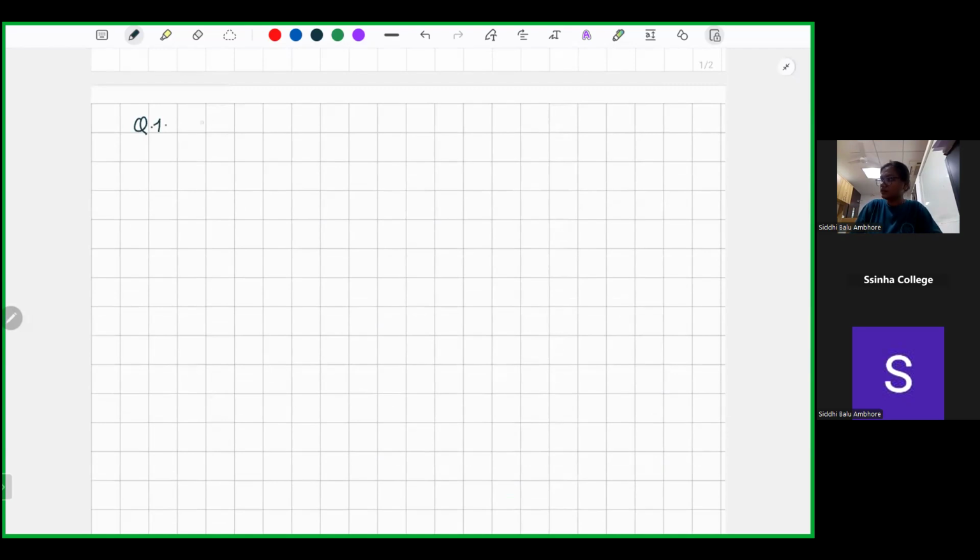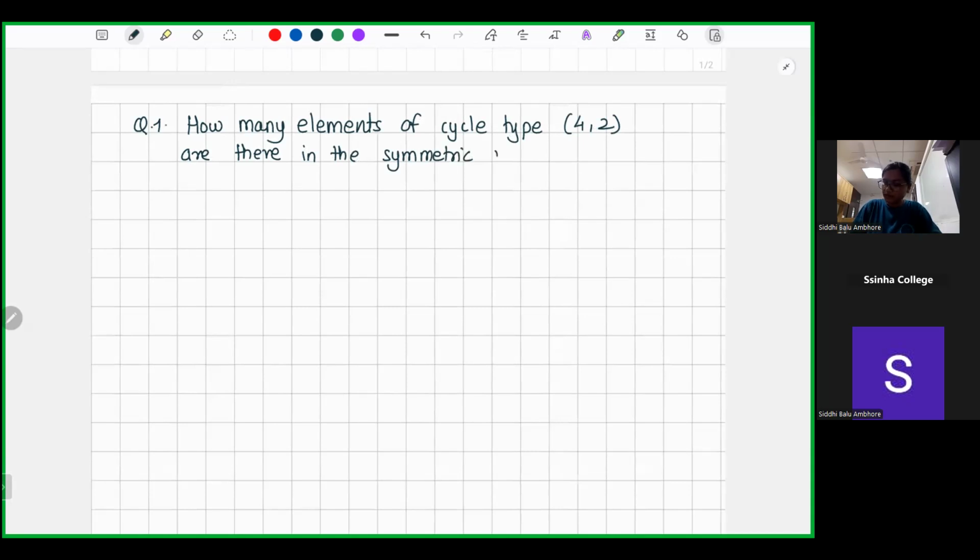Question 1: how many elements of cycle type 4-2 are there in the symmetric group S6?